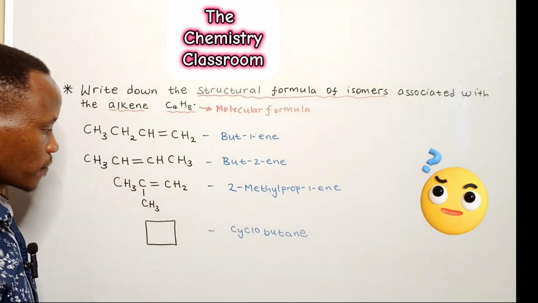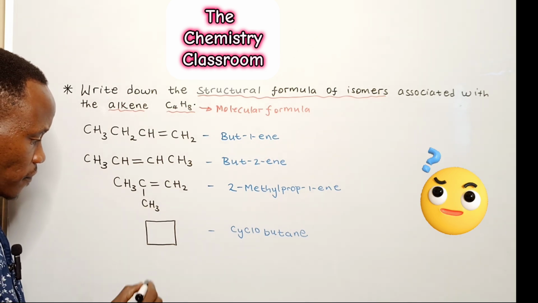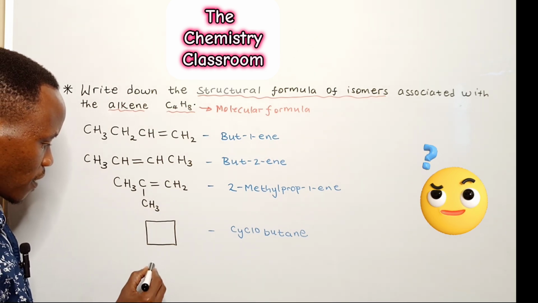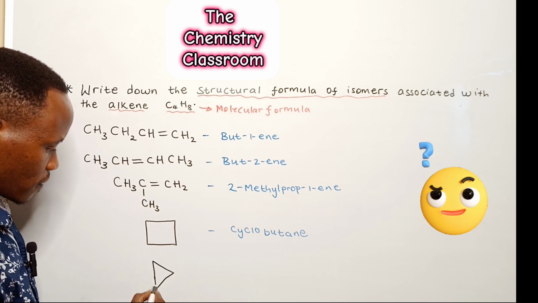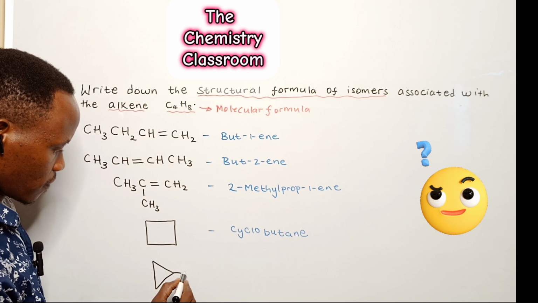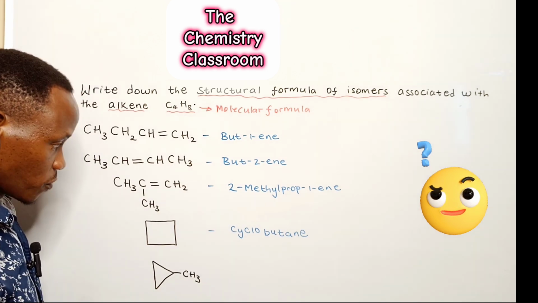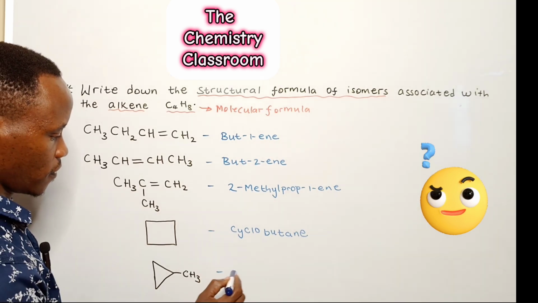And finally, from this, we can also write another cyclic isomer or cyclic alkane whose IUPAC name is.